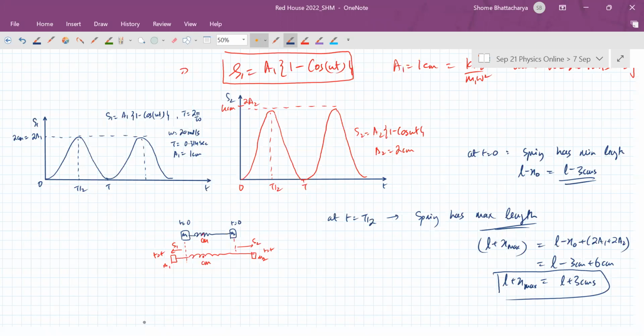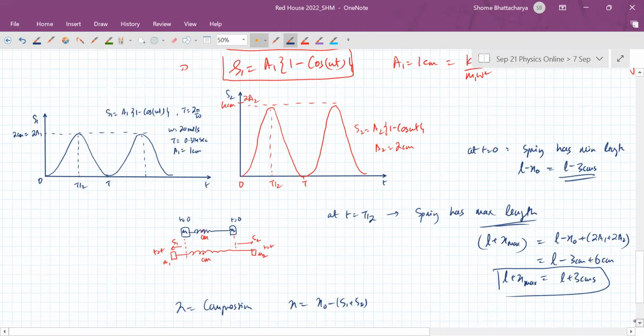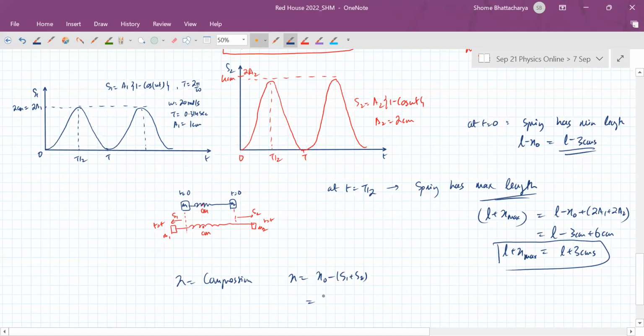Now you can see that, x being the compression of the spring at any time, x is equal to x naught minus S1 plus S2. If you write that numerically, it is equal to 3 centimeters minus 2(1 minus cos omega t) plus 1 minus cos omega t. It's actually S1 and S2, but anyway, it's the same thing.